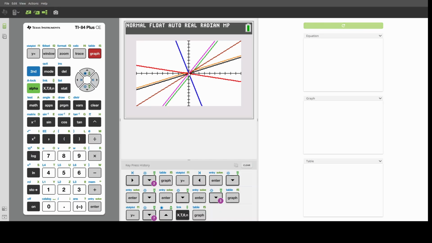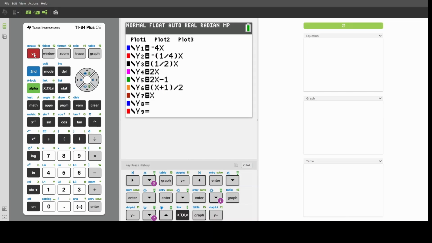Okay? The black and the pink were paired. The black line flipped over this brown line gives the pink line. And the yellow line flipped over the brown line gives the green line.